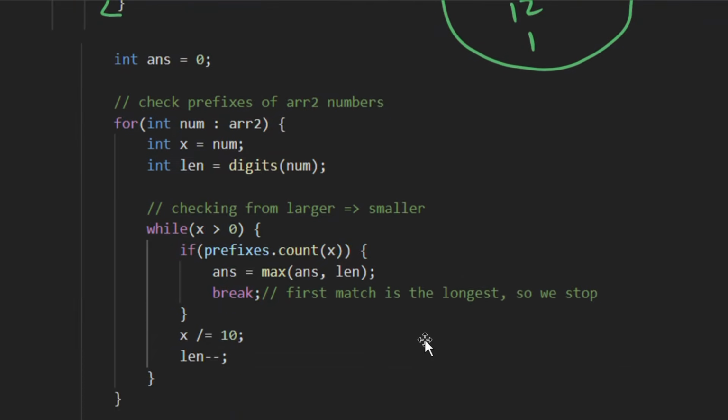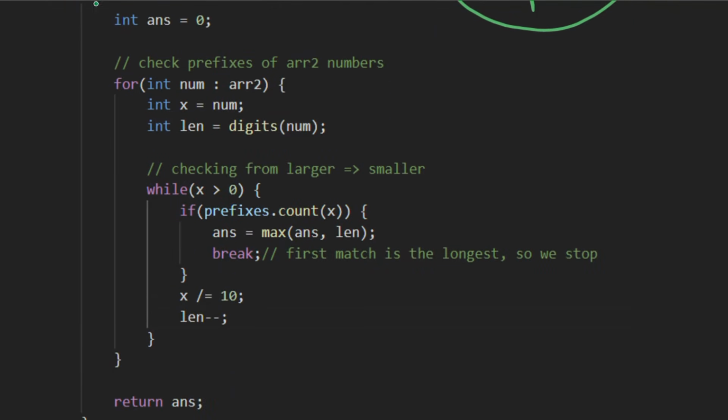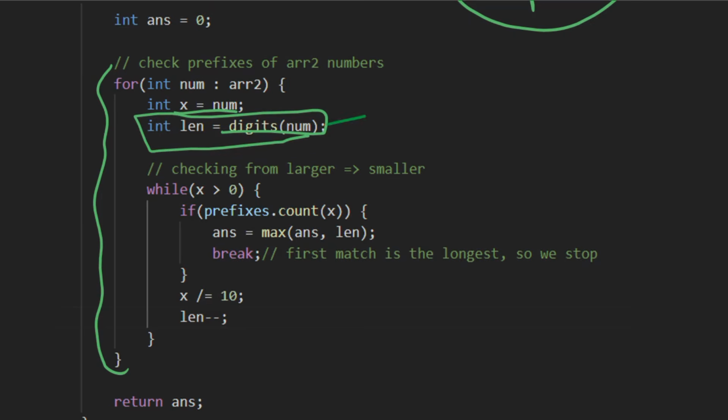And then we have taken an answer variable, and we iterate over array2, take a number, find the number of digits in that number, and store that in a variable called length. Then we check whether the full number is present.